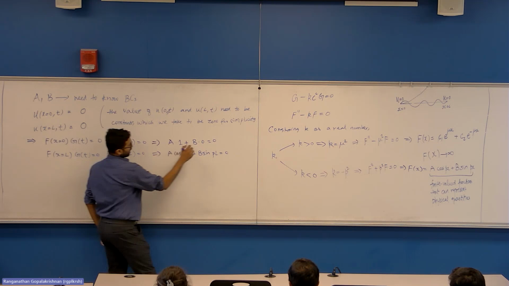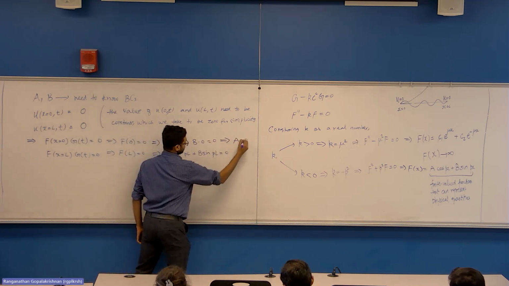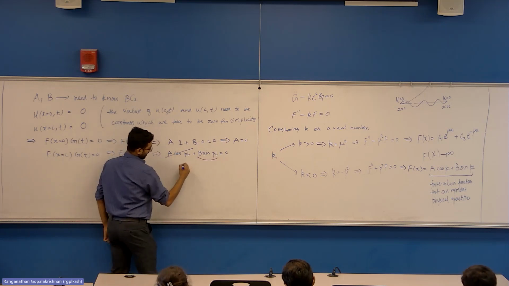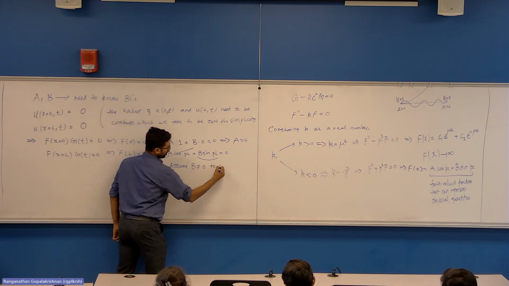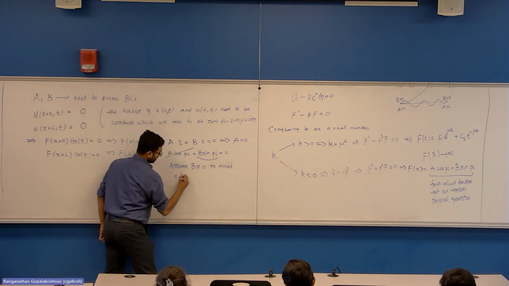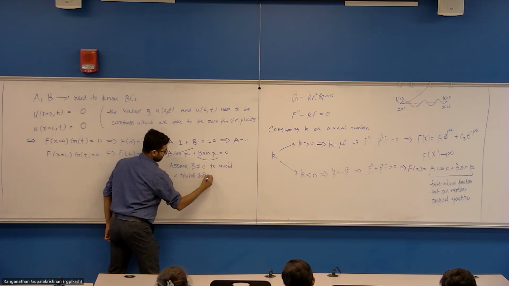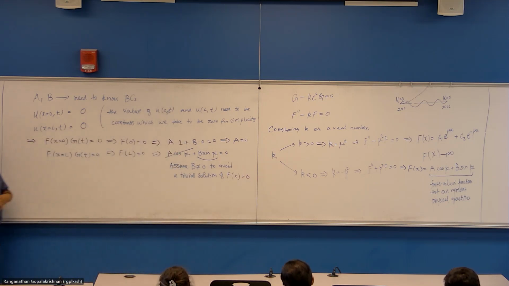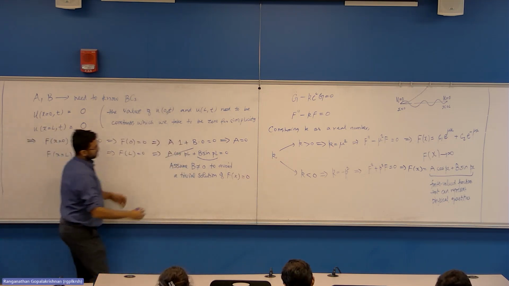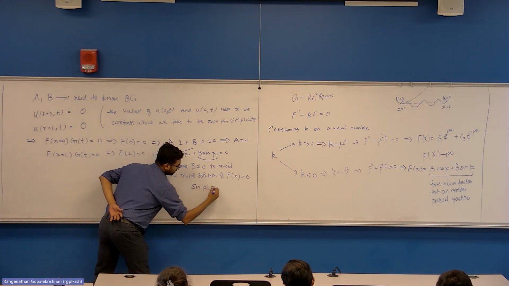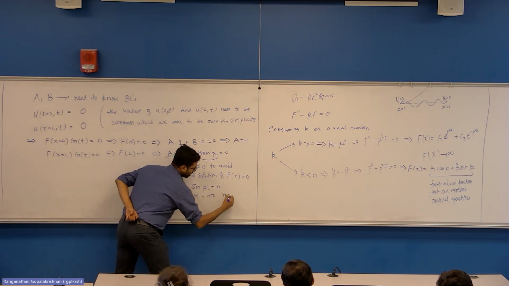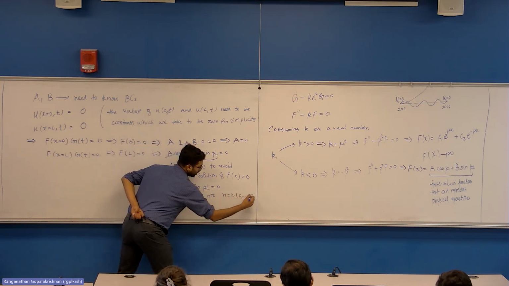The first equation implies a is 0, and the second equation implies that this product is 0, and we have to assume b is non-zero to avoid a trivial solution of f of x equal to 0. So if we assume that sin PL is 0, then PL has to be an integer multiple of pi, where n runs from 0, 1, 2, and so on up to infinity.